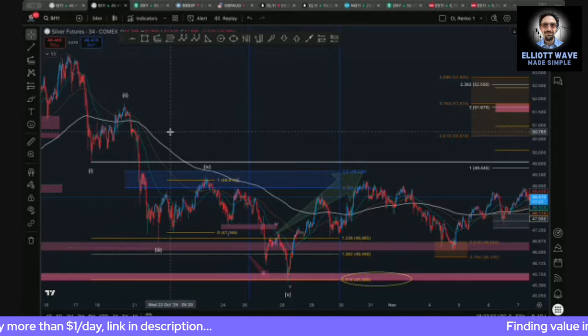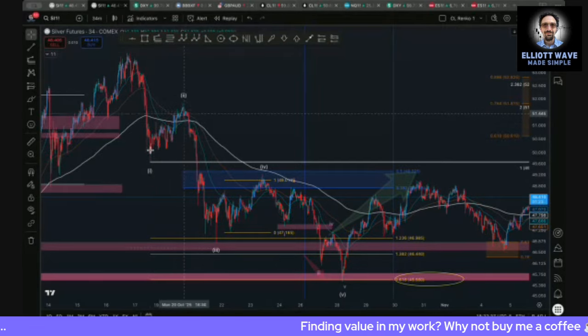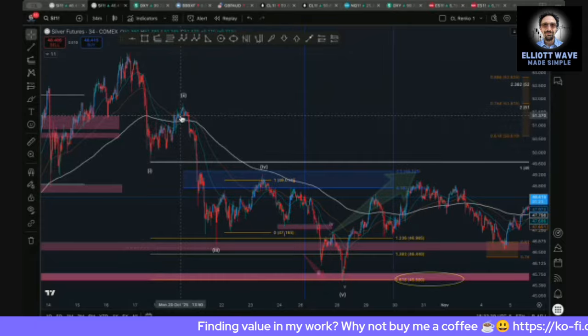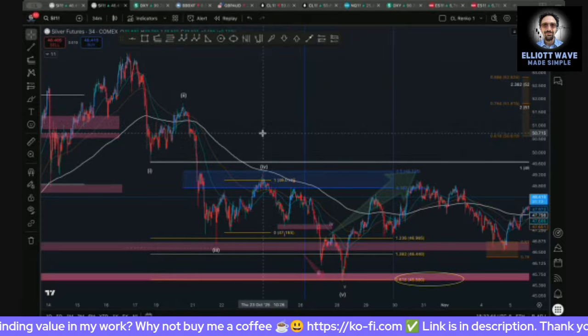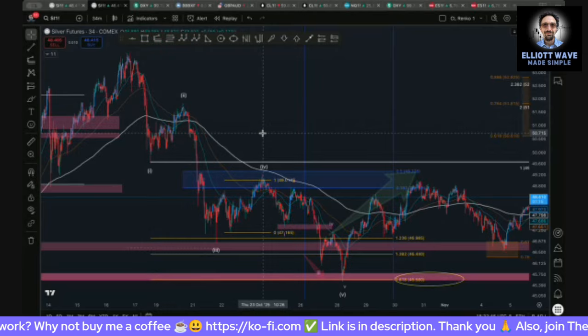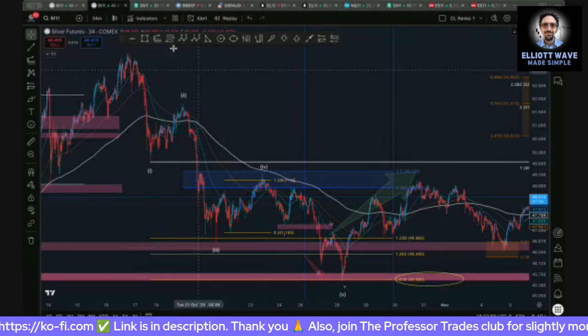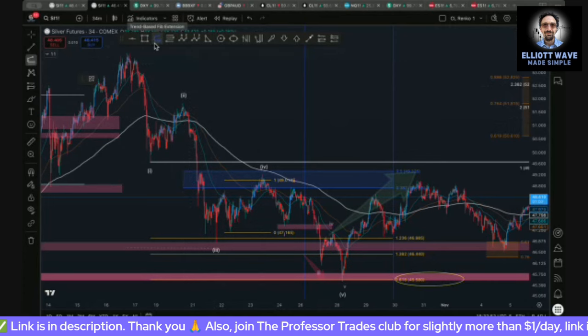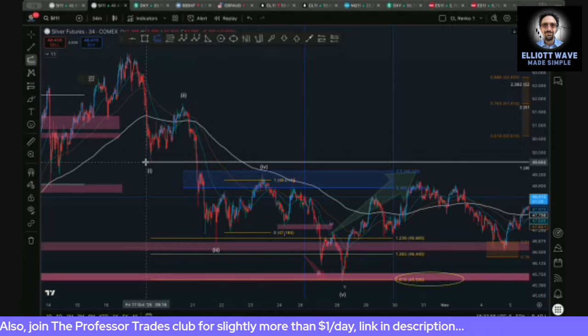Now, just for the sake of continuing education, let's measure this bounce. Typically for a correction, we're looking for the 100 fib, the 1.236 fib, or the 1.382 fib. And if it's on my chart, it's going to be in yellow. I'm not going to use a magnet just for the sake of brevity, but usually I use a magnet because I want to get it exactly on the penny.